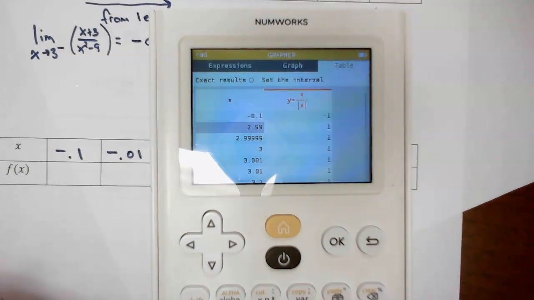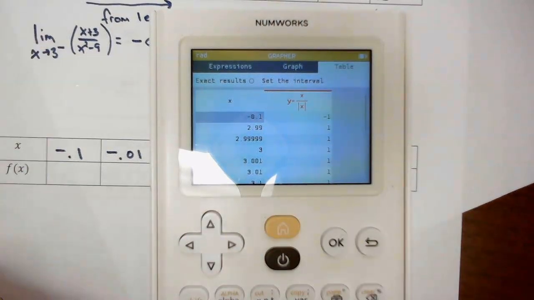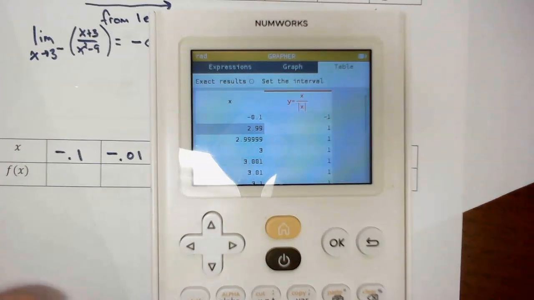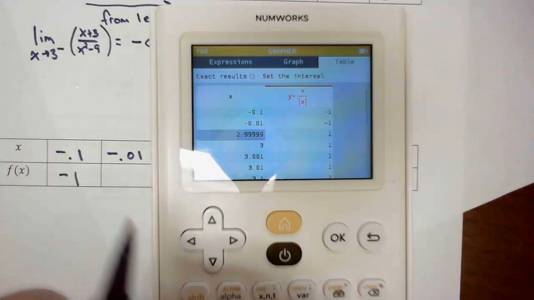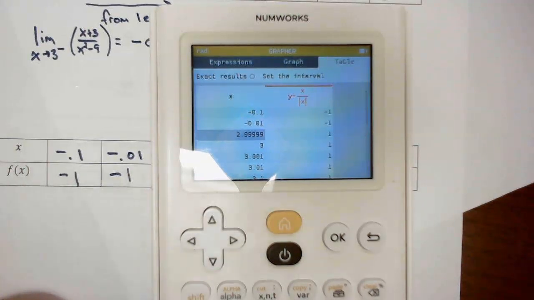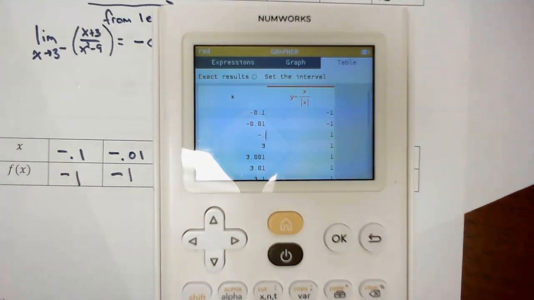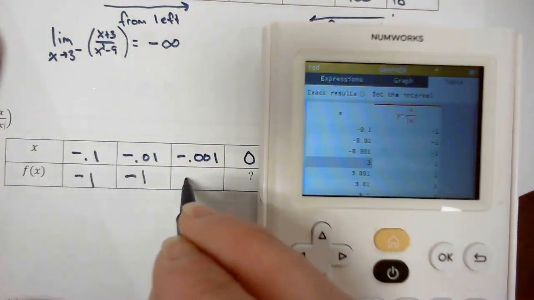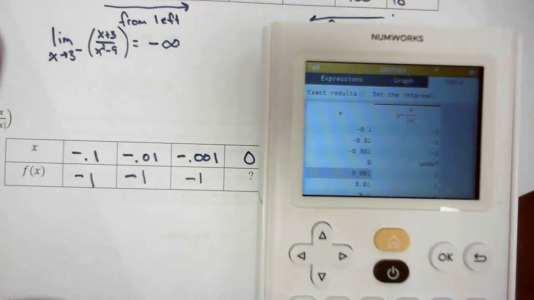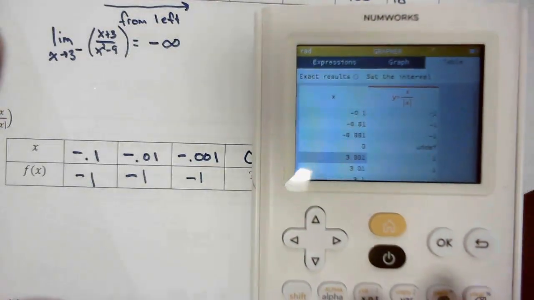Negative 0.1 is negative 1. Negative 0.01 is negative 1. Negative 0.001 is negative 1. 0 is undefined.